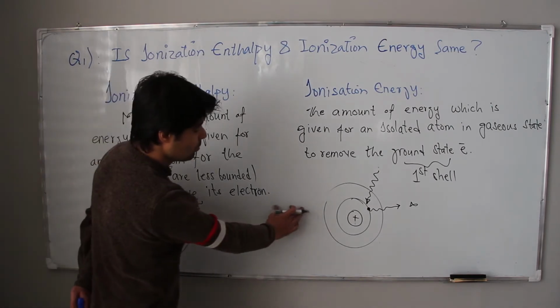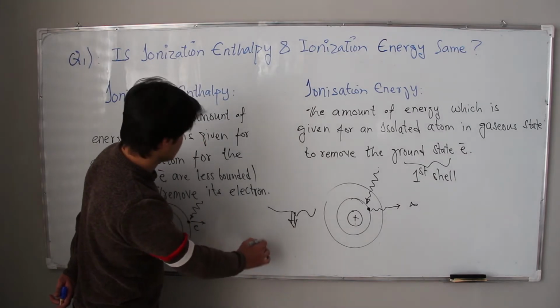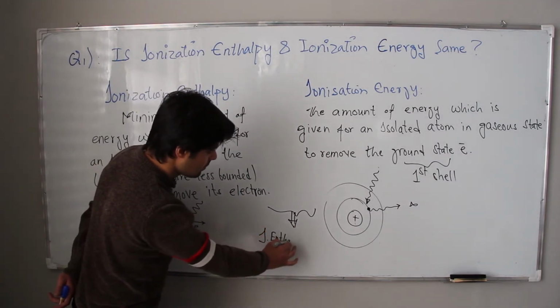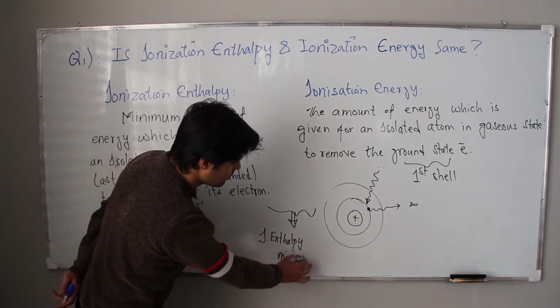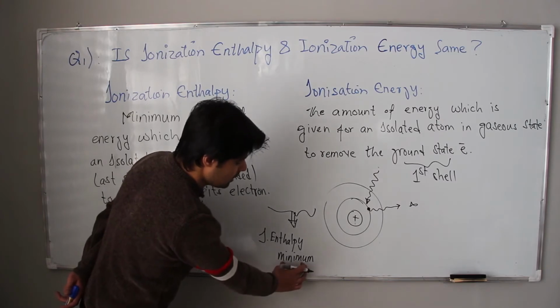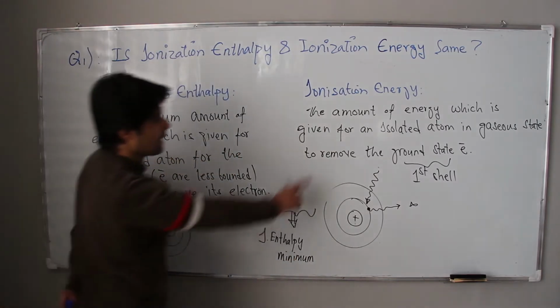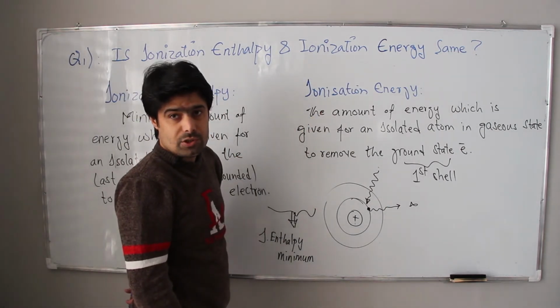From these two parts we have the result that ionization enthalpy is the minimum energy which is given to an atom, and ionization energy would be the maximum energy. Why?